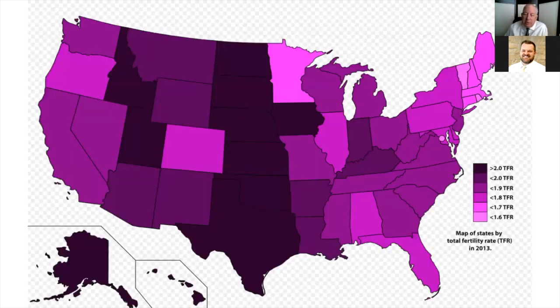Now, here's a little map that shows where the problems lie and where they don't. You'll note that the lighter colors are those that have the worst total fertility rate, or TFR. This is actually from 2013, and unfortunately, it's renewed itself. It's just getting a little worse every year.